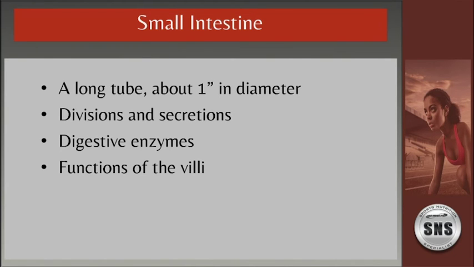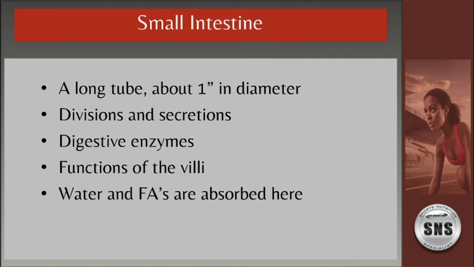Each villus contains blood capillaries to be able to absorb water, glucose, amino acids, vitamins and minerals, and short-chain fatty acids, and also contains lymphatic capillaries called lacteals to absorb long-chain fatty acids. Water is absorbed by the process known as osmosis, whereas fatty acids are absorbed by diffusion since they are fat-soluble.